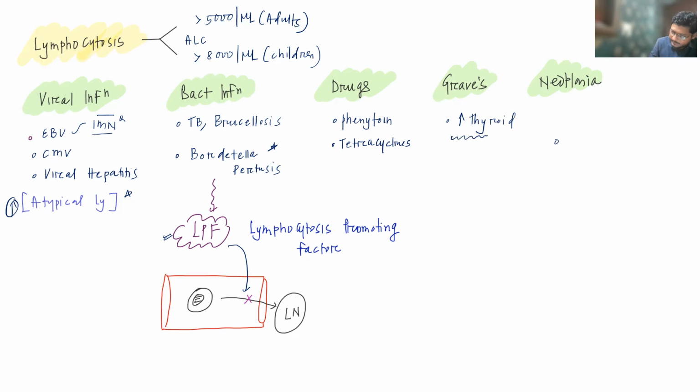And neoplasms, like chronic lymphocytic leukemia. This is a classical neoplastic example which can cause lymphocytosis. Okay, so these are some of the important causes. Of course, there are various other causes, various other drugs and infections that can cause lymphocytosis, but these are the important ones.